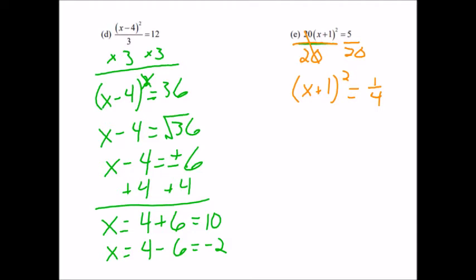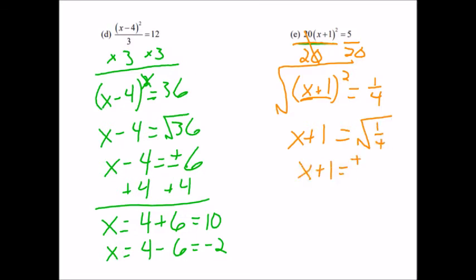All right, so what I'm going to do next is, again, because this x plus 1 is in the parentheses, I'm going to take the square root of that. So I'm just going to write x plus 1, but that means I have to take the square root of 1/4. So I still have x plus 1 equal to plus or minus. The square root of 1 is 1.